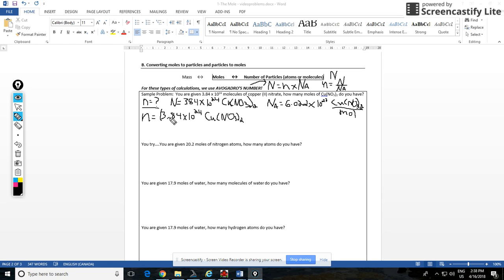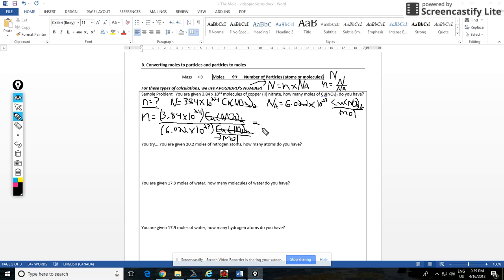When you put this in your calculator, put the scientific notation in brackets, divided by Avogadro's number, 6.022 times 10 to the power of 23 Cu(NO3)2 per mole. So you'll notice you can cross particles of Cu(NO3)2 out because you have one on top of the other. And what you're left with at the end is number of moles, which is great.